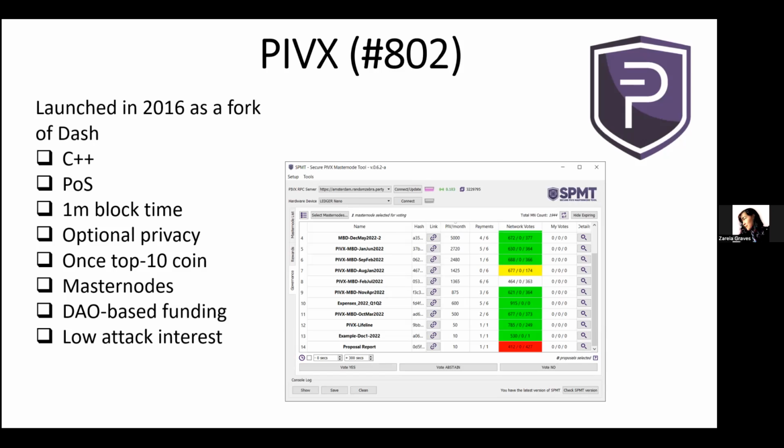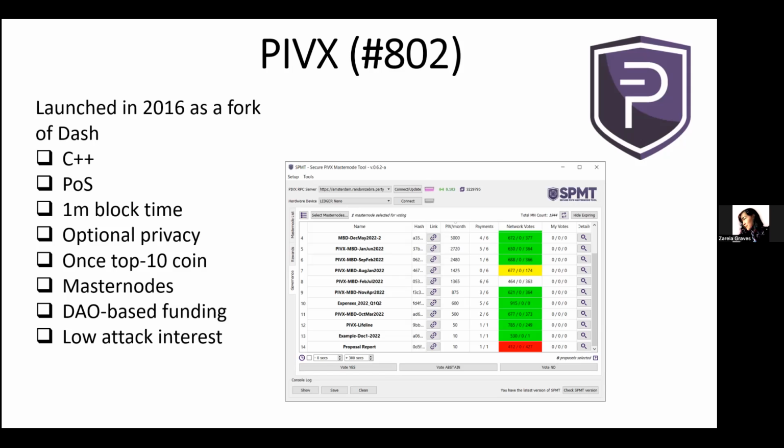I would say it has maybe 3 developers, right? Maybe a similar size team for marketing. It has a market cap of around $20 million. And I only mention it, not necessarily it in particular, but just what an example one at 802 looks like. There's over 800 cryptocurrencies that are more valuable than PIVX is.